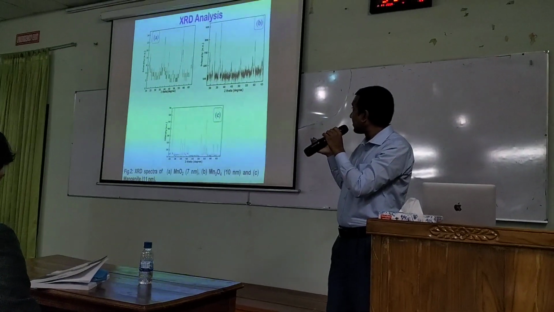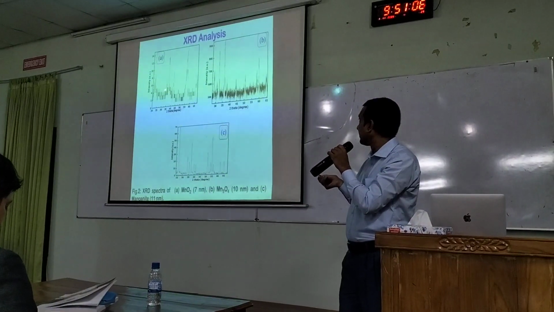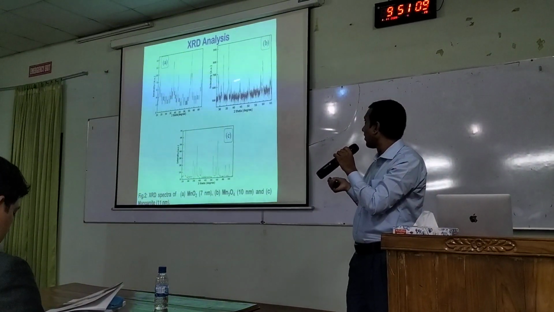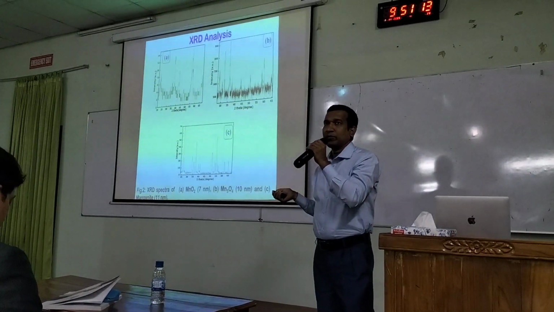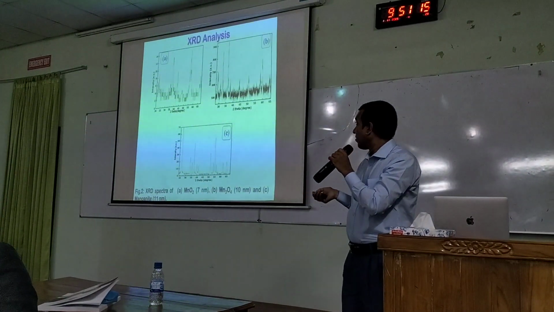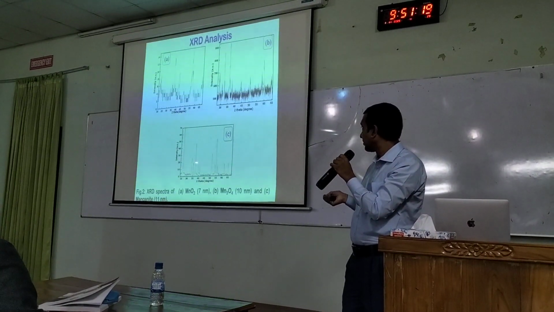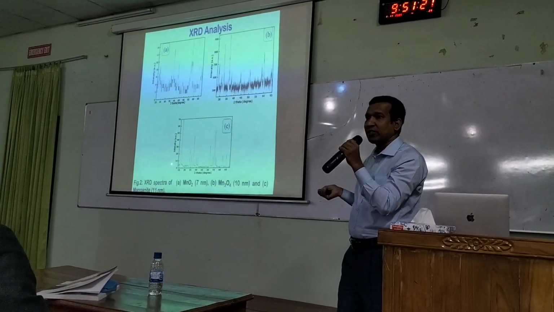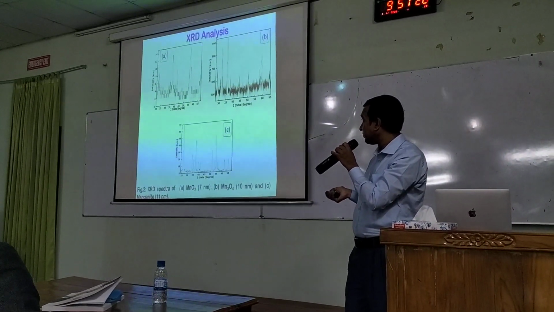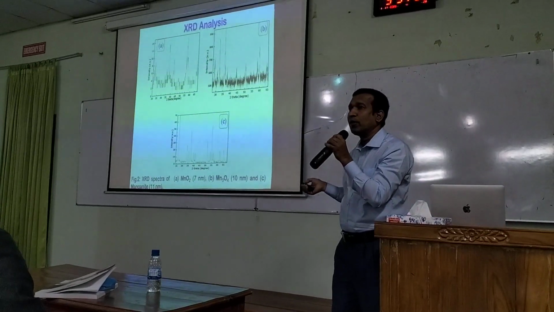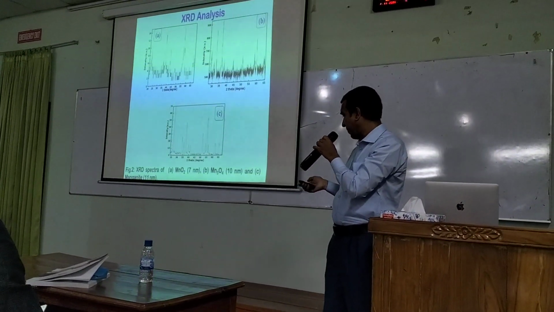From this study, we see that for these two cases there is a lot of noise, which means the particles are weakly crystalline. On the other hand, below, the peaks are relatively sharp, which means it is fully crystalline. Later, we also determine crystallite size, which I will show you later.